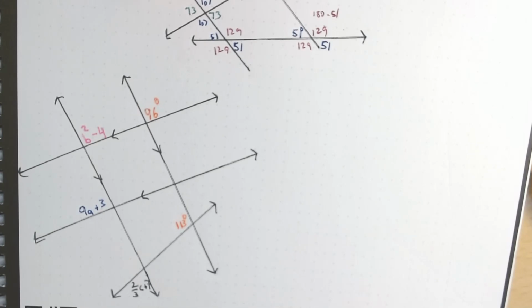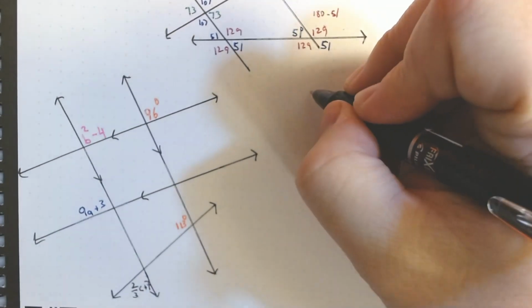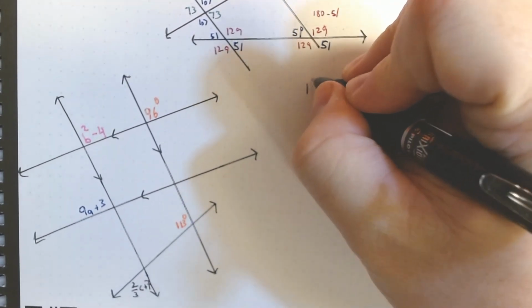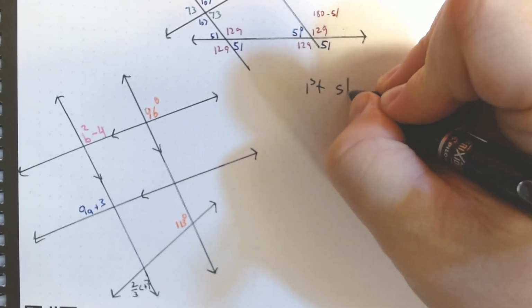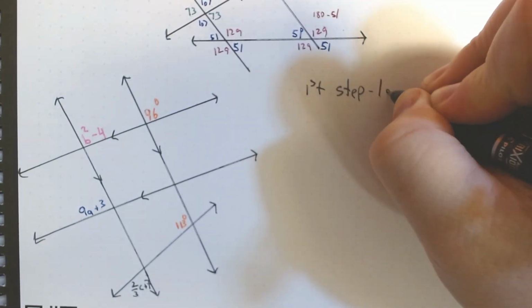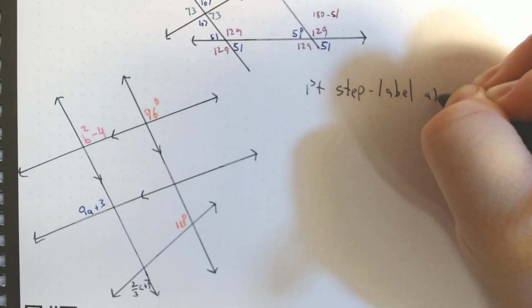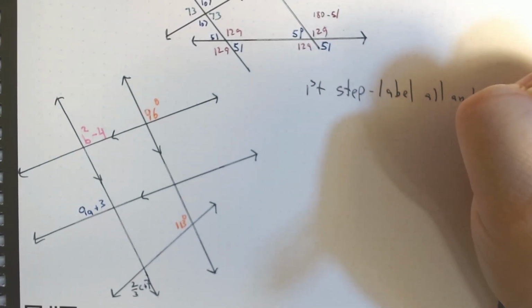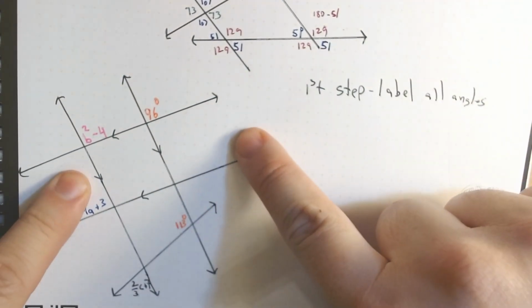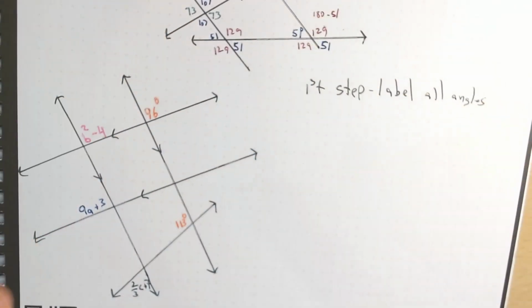Your first step, I would say, is just to label all angles. And it's good practice anyway. What I mean by that is we're going to copy what we did up here.